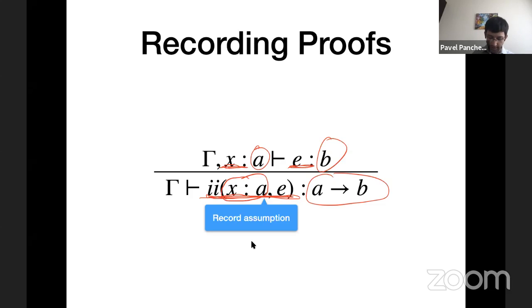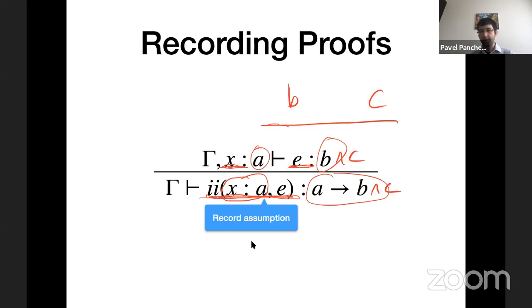So the way this would work is, suppose what I actually want to prove is A implies B and C. So I've got my implication here of B and C. And then I'm going to have some proof over here of B and of C. This term e itself is going to discuss how I proved B and how I proved C and so on.